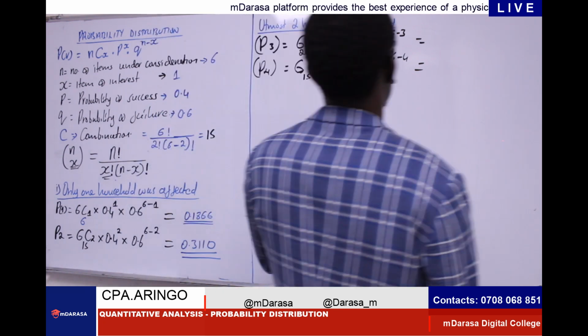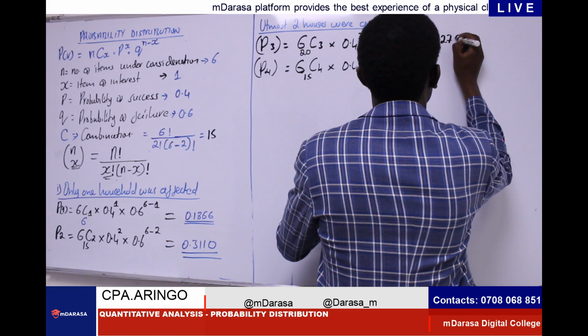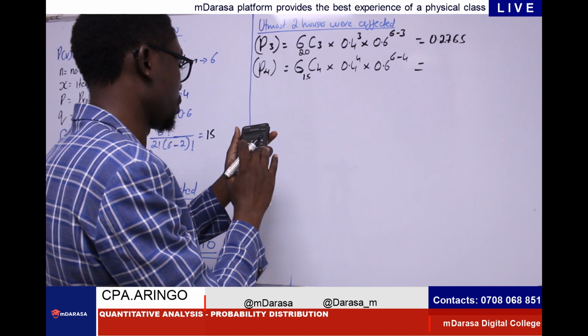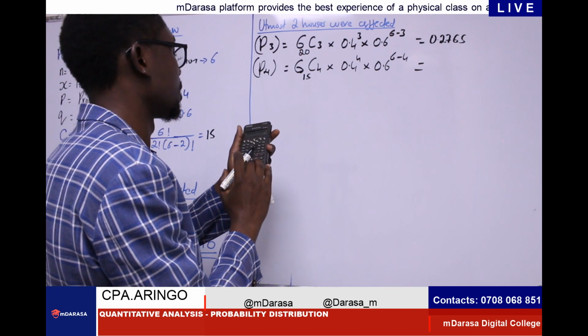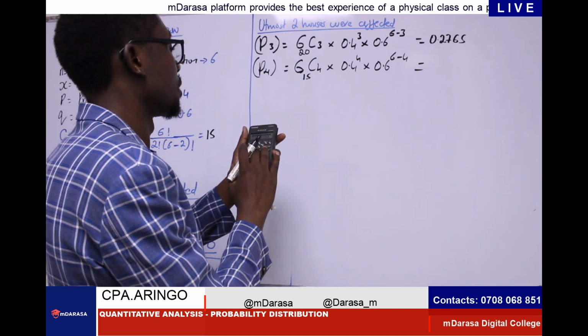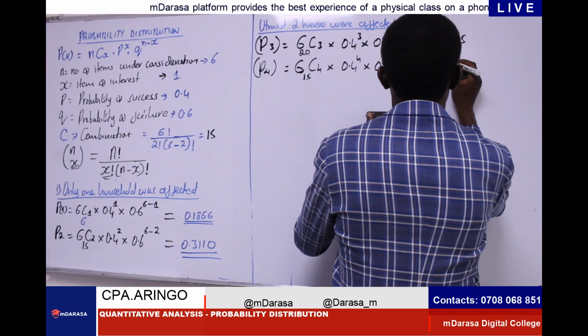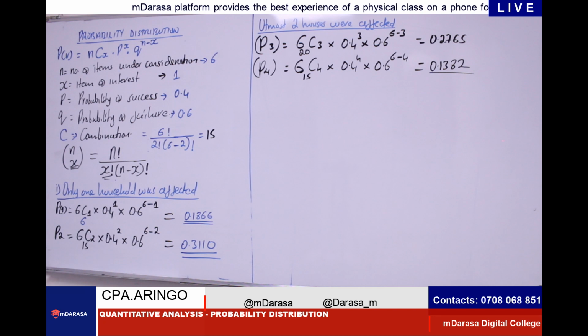That gives 0.2765. Then 15 times 0.4 raised to power 4 times 0.6 squared. That should give me 0.1382. Kindly confirm if you are getting the same values as what Mwalimu had guided us.